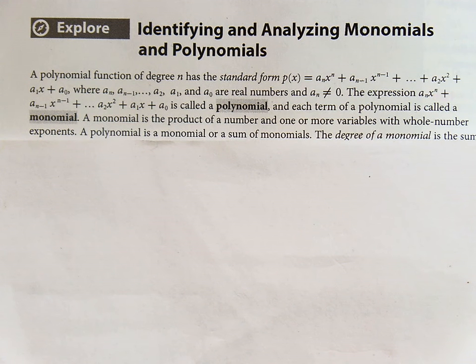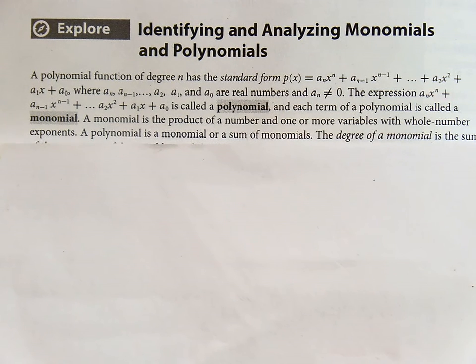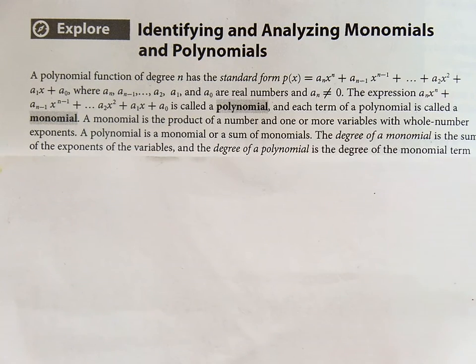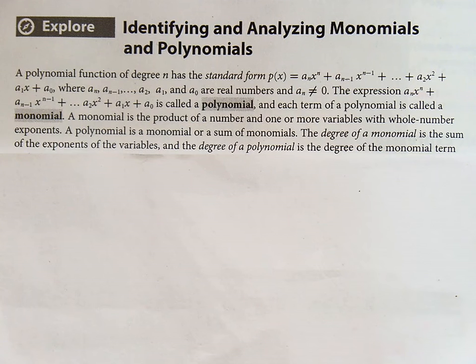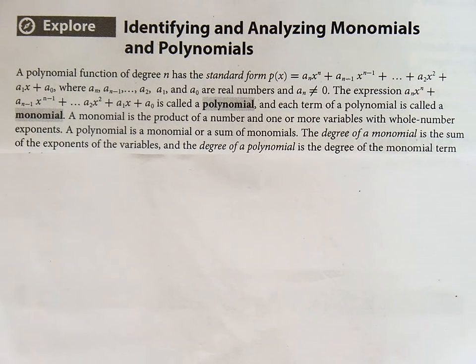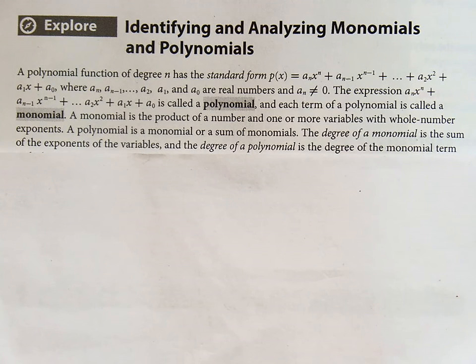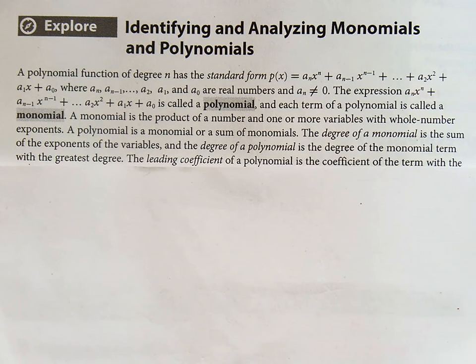A polynomial is a monomial or the sum of monomials, groups of them. The degree of a monomial is the sum, or the addition, of the exponents of the variables. Right? And we'll get into that more in a little bit. The degree of a polynomial is the degree of the monomial term with the greatest degree.